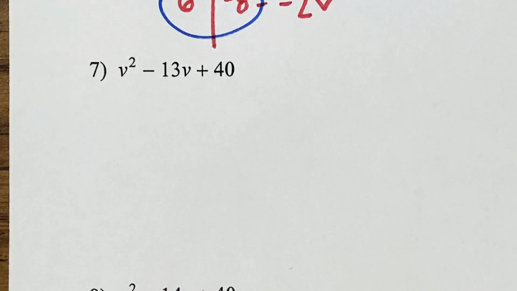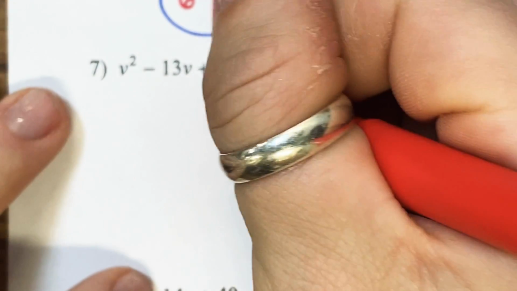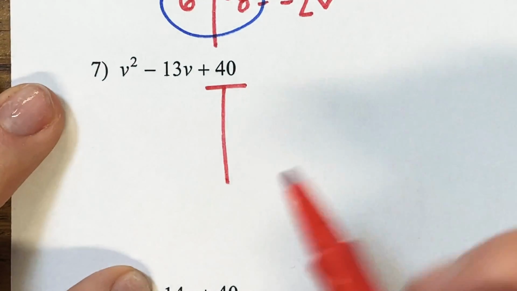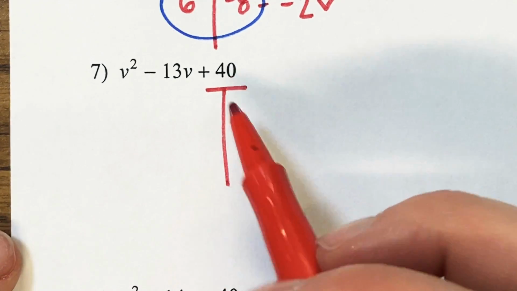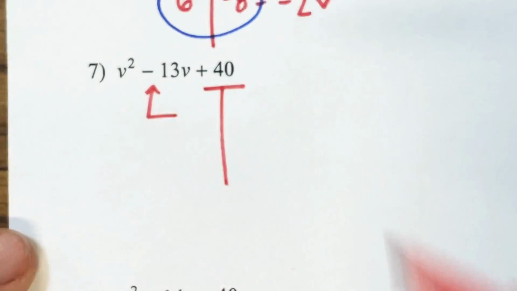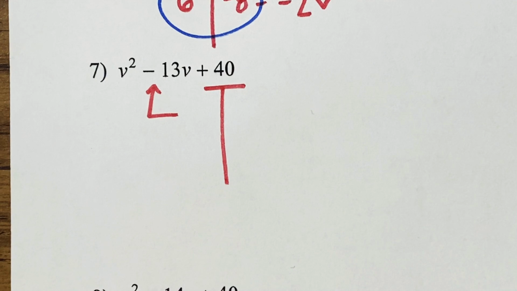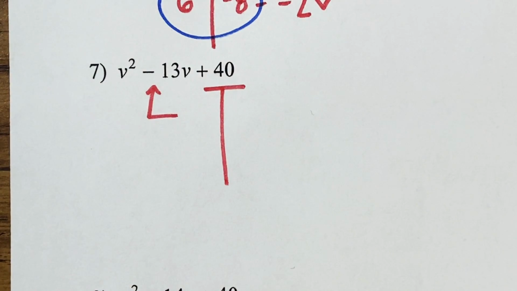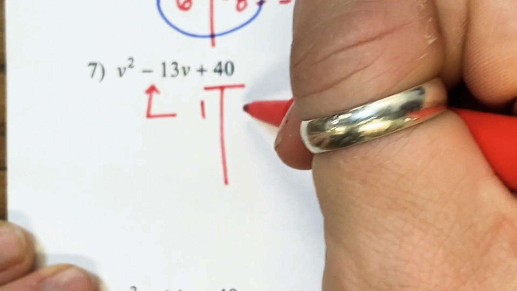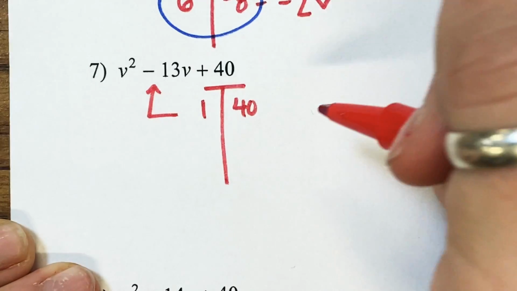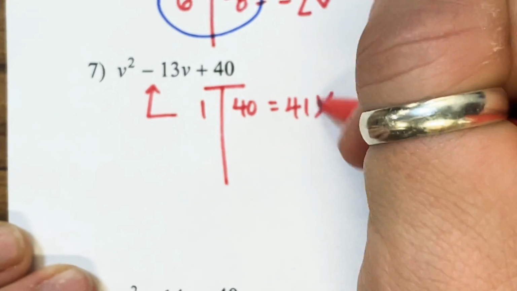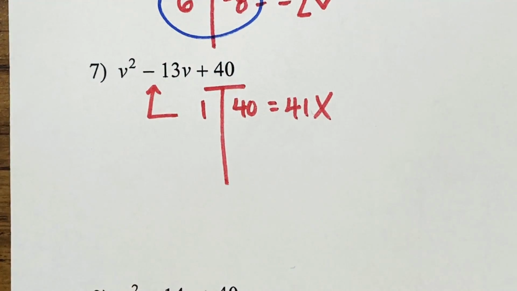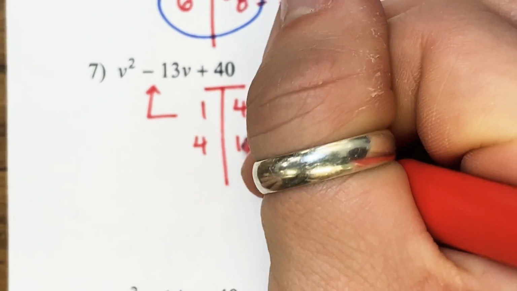So number 7, let's look at 40. Okay, so we need something that multiplies to 40 but adds to -13. What in the world? How are we going to get a negative when it's a positive over here? Okay, well, let's see. So we know that 1 times 40 is 40, but that's going to give us 41. So that's probably not going to be it. Okay, maybe 4 times 10.